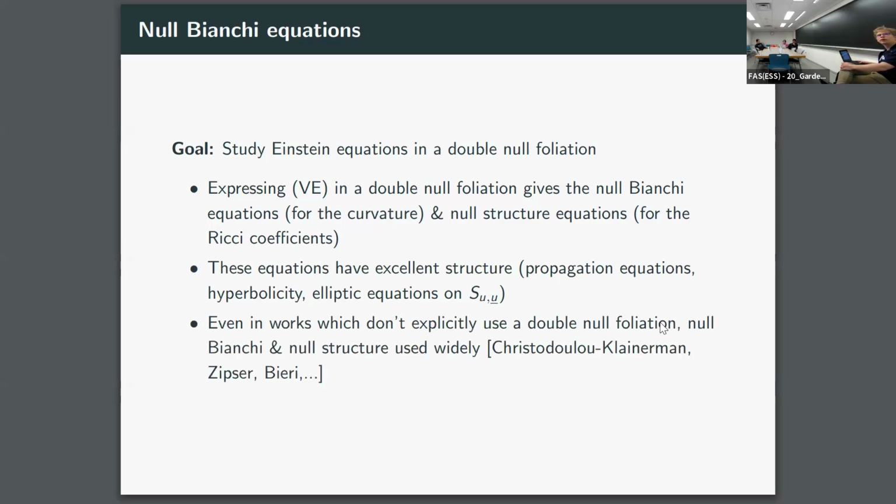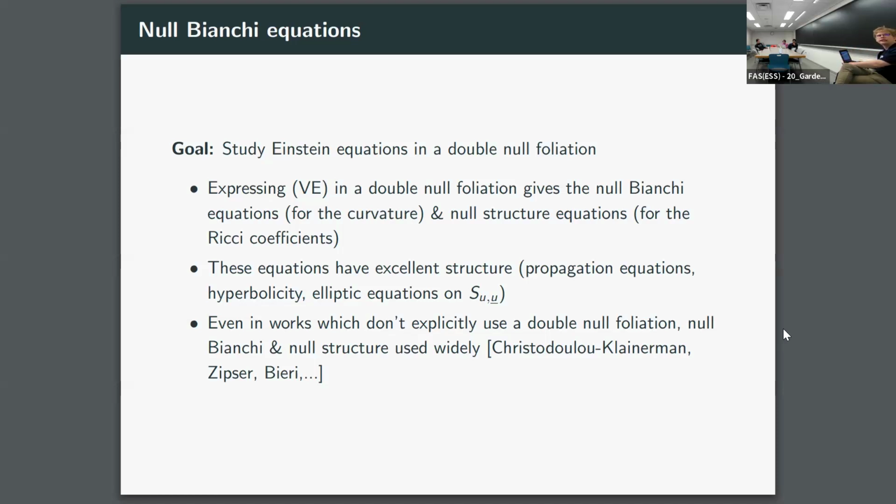Furthermore, earlier I presented an incomplete list of citations for works that use double null foliations, but even in works that don't explicitly use a double null foliation, the null Bianchi equations are widely used. For instance, in the original Minkowski stability proof, they don't use a double null foliation, they use a mixed t-u foliation, but the null Bianchi equations are crucial to their argument.